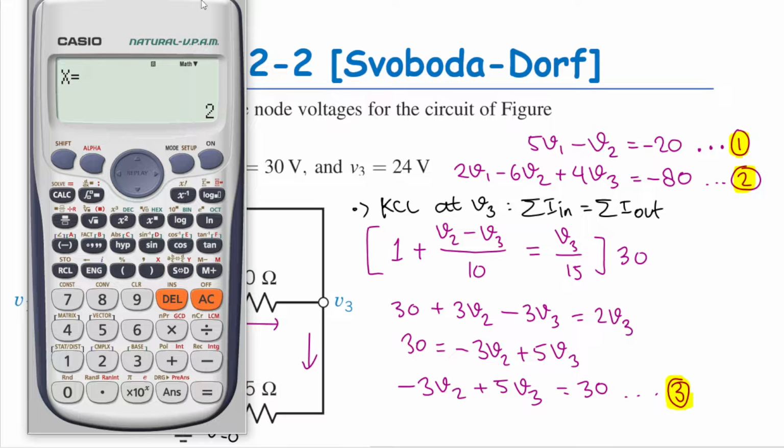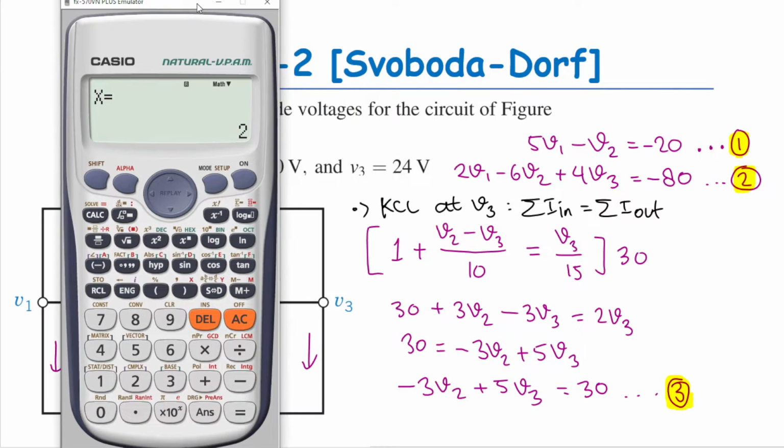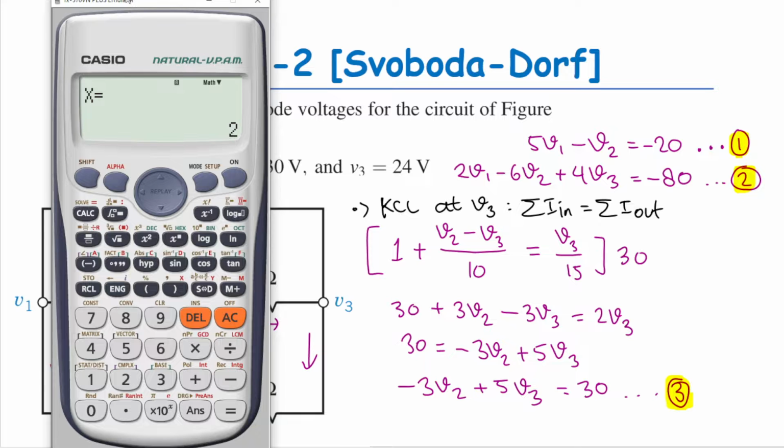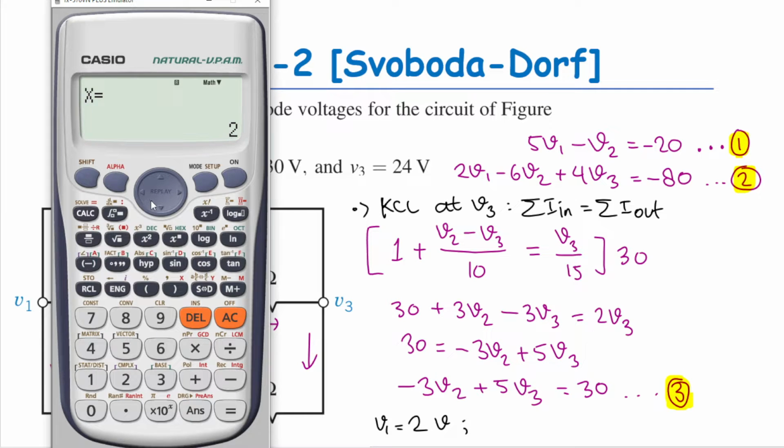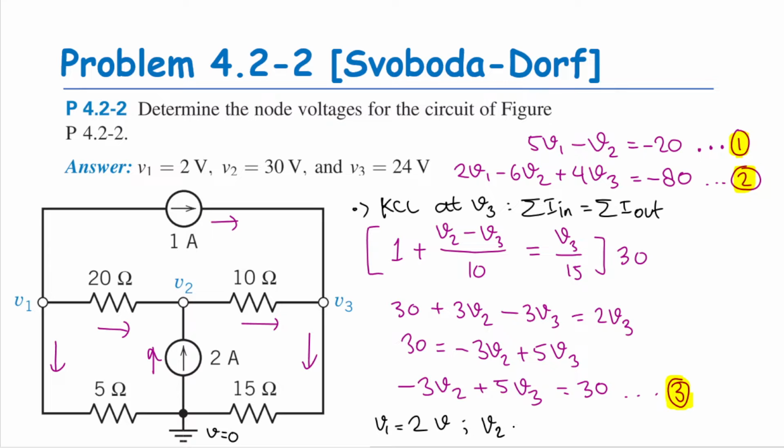Okay, so we will have V1. V1 is the X value, which is 20 volts. Let's write that exactly. So we'll have V1 is equal to 20 volts. And then what is V2? V2 is the Y value, which is 30 volts. So we'll have V2 is equal to 30 volts.